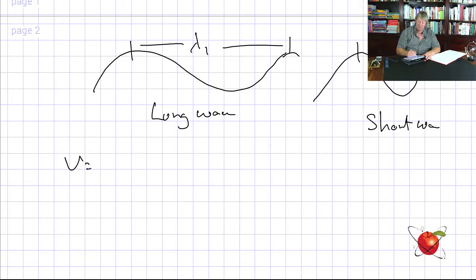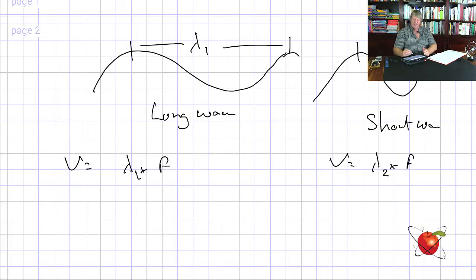V is equal to lambda times frequency. This is lambda 1, this is lambda 2. Now, the velocity, this is a sound wave, let's say.